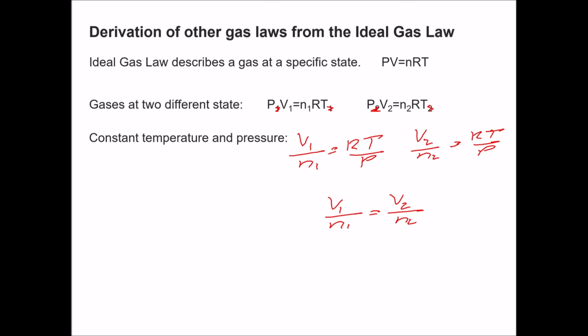And this relationship does hold true. You add more gas to a balloon, the volume increases. Given that the pressure is constant, your temperature is constant, and your R is constant, this relationship holds true. So it's a type of relationship we don't always use, or that's not always written in books.